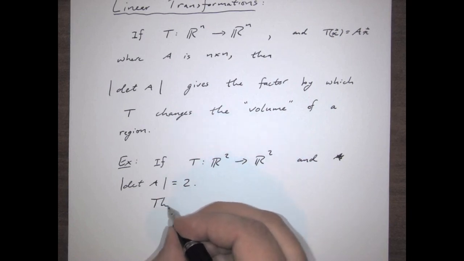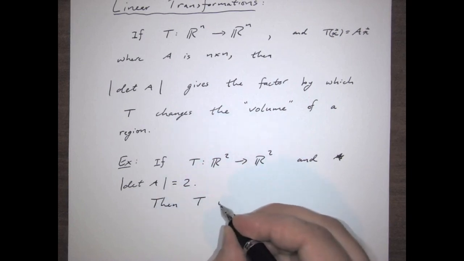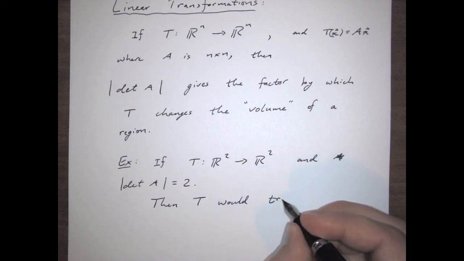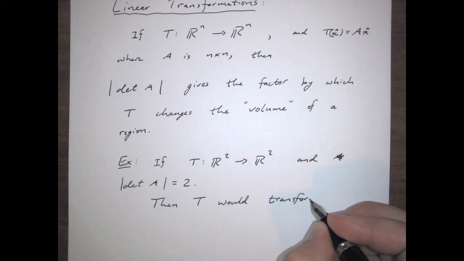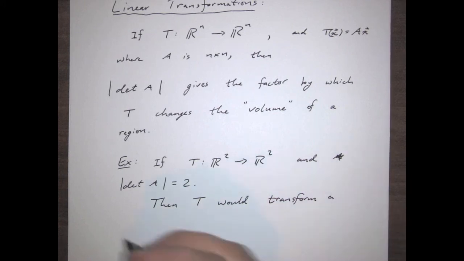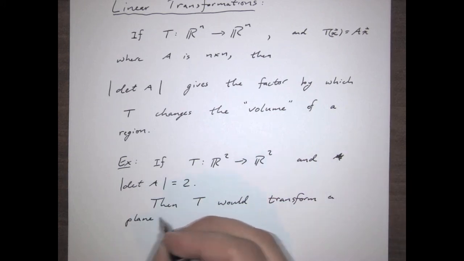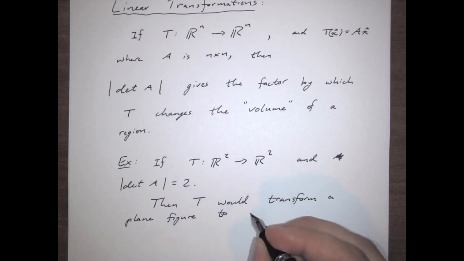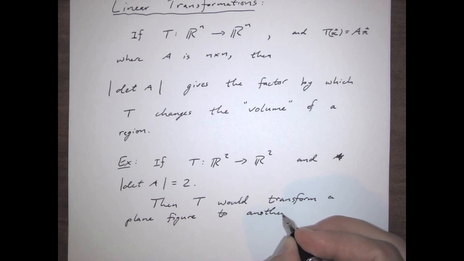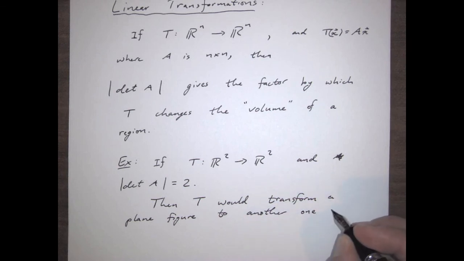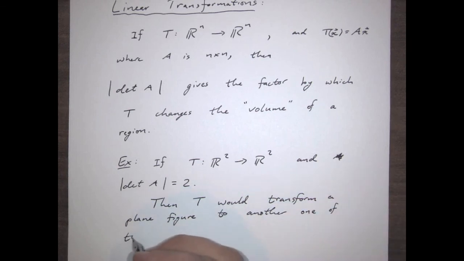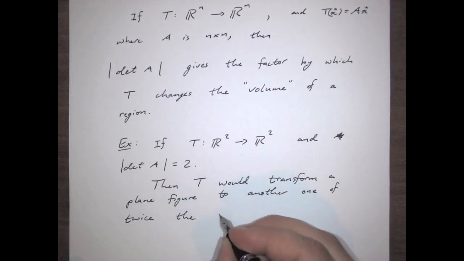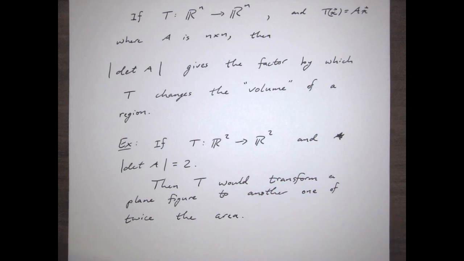So then T would transform a plane figure to another one of twice the area.